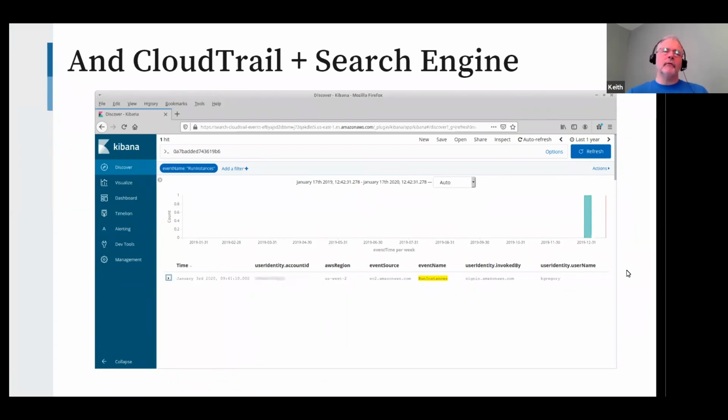It's really quick to go in and put a filter. I just care about the run instances API call, and I have a fairly standard view to show me what account and who started it up. Then I paste the EC2 instance ID into the search box, and I found out that, oh, it was me. Okay, I guess I better shut that down.